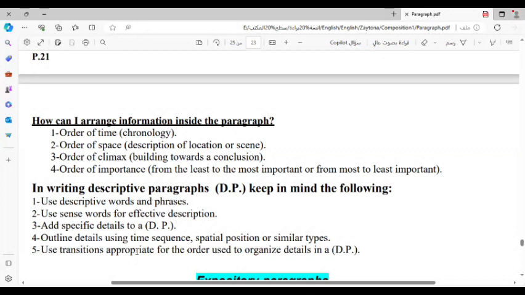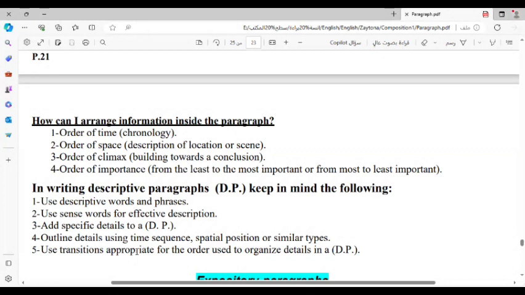If I'm describing a place, I need to use some transitional words, for example, next to the sea there was my house. Those are transitional words. I need to use them in order to keep the order of my sentences.